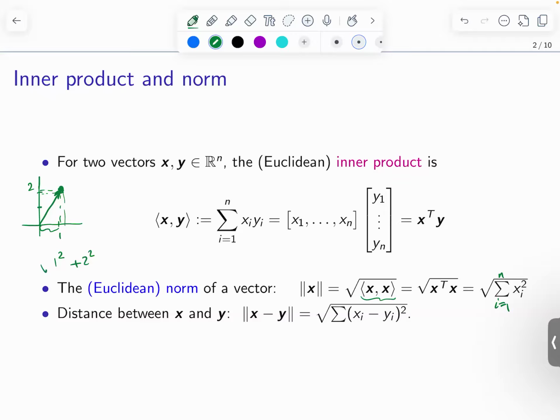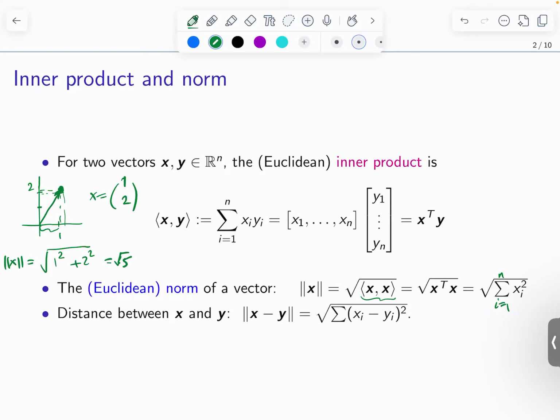Yeah. And then you take the square root, that would be the hypotenuse. So that would be root 5. And this is exactly the definition of the norm. If you imagine x is here, this would be 1, 2. If you compare with the definition, it matches the way you compute the length, and it generalizes to many dimensions.